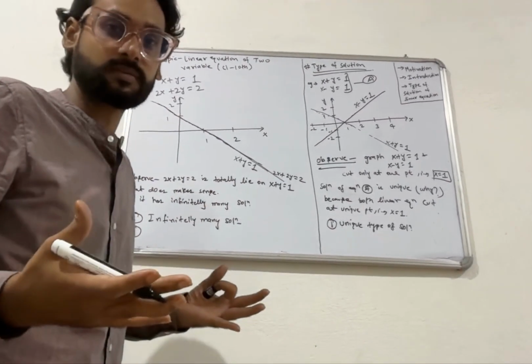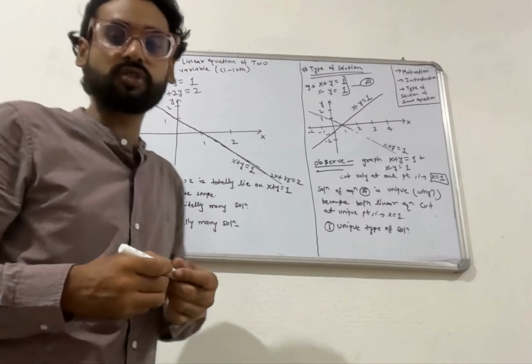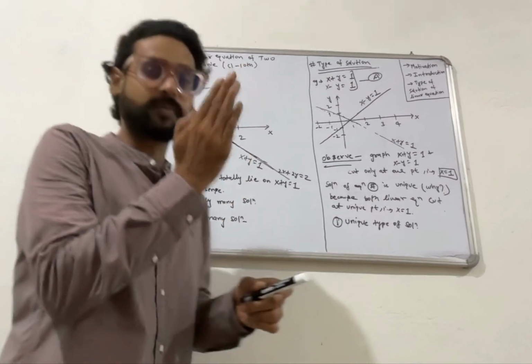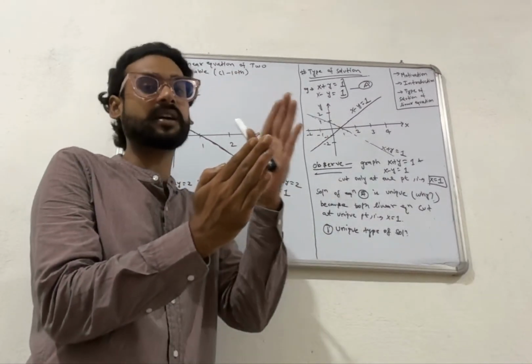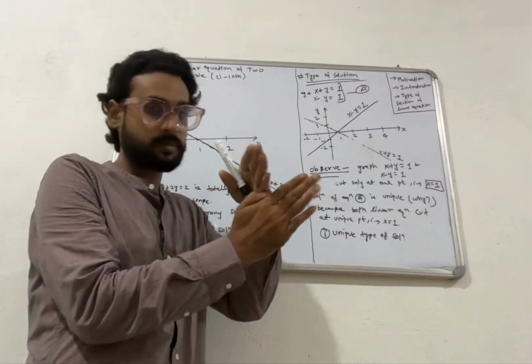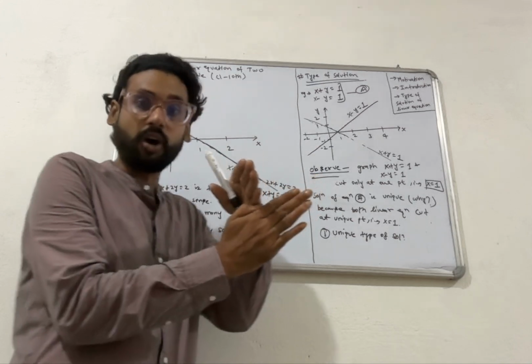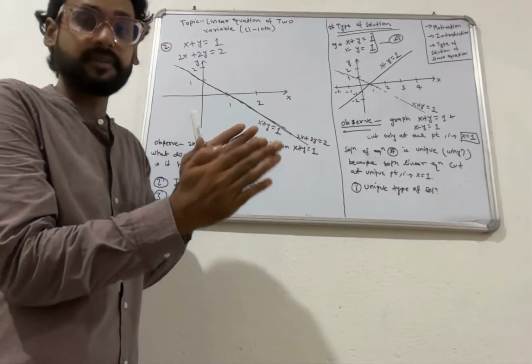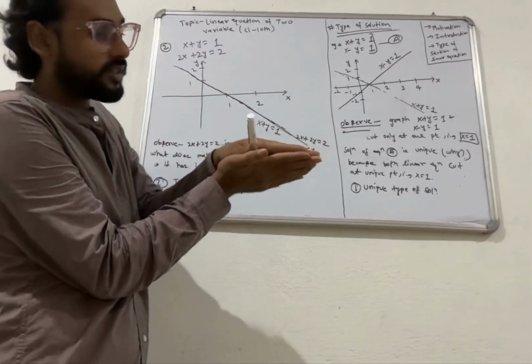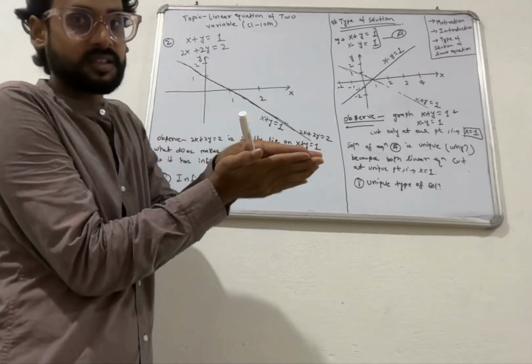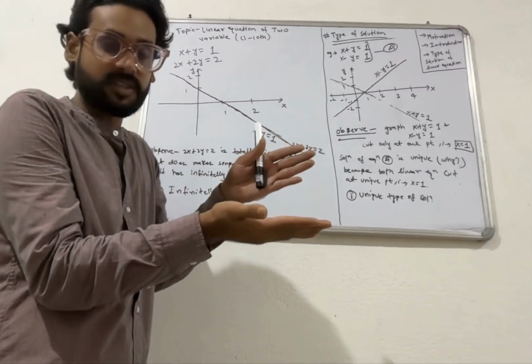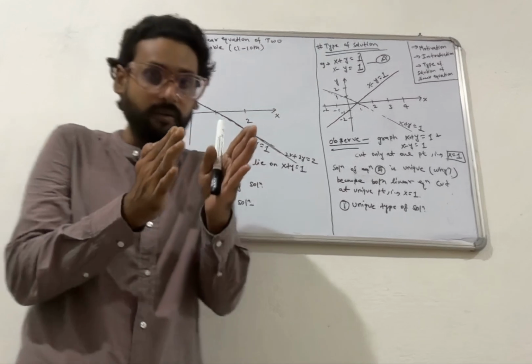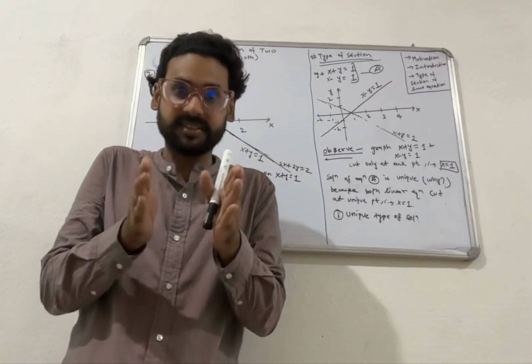there is no solution. Why? There is no solution, which means that the first line never crosses the second line, or the first line will never lie on the second line. So the other possibility is that the first line will always keep a parallel distance.